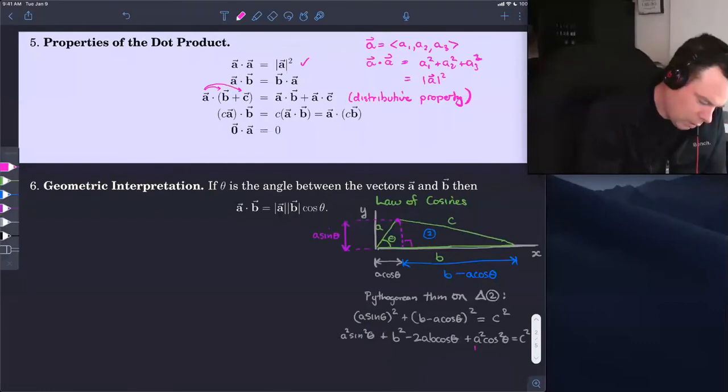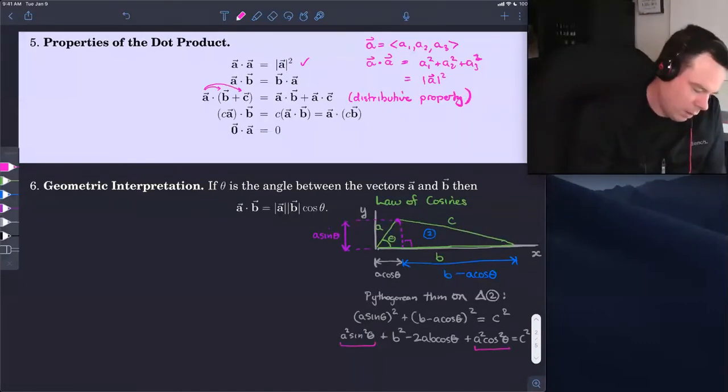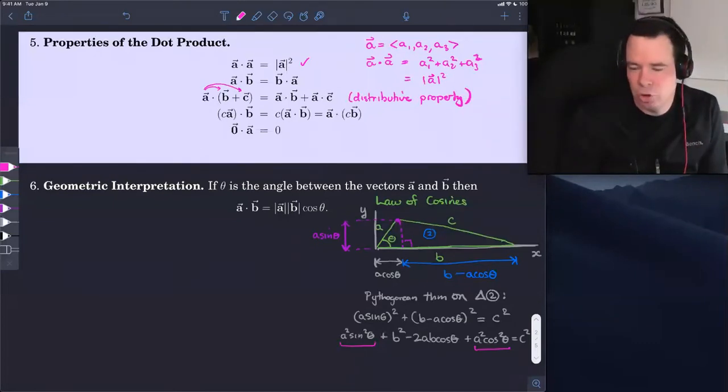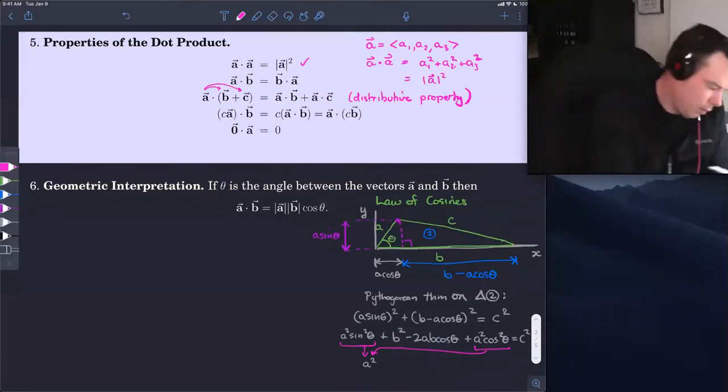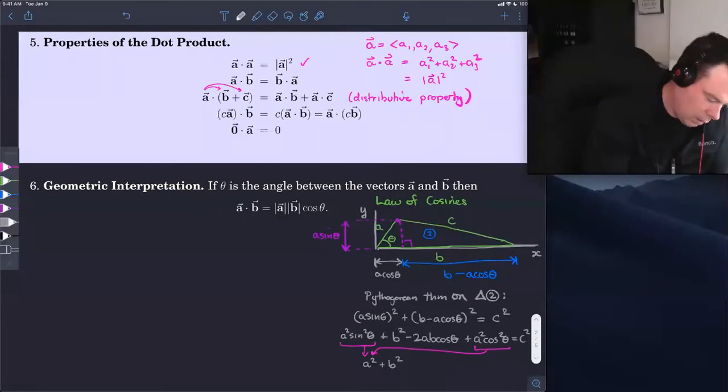We note that I've got an A squared cos squared and an A squared sine squared. Those two can join together to just give me an A squared, because sine squared plus cos squared is 1. So that gives me an A squared. Maybe I'll draw little arrows at those two combined together to just give me that A squared. And then I got plus a B squared and a minus a 2AB cos theta is equal to C squared.